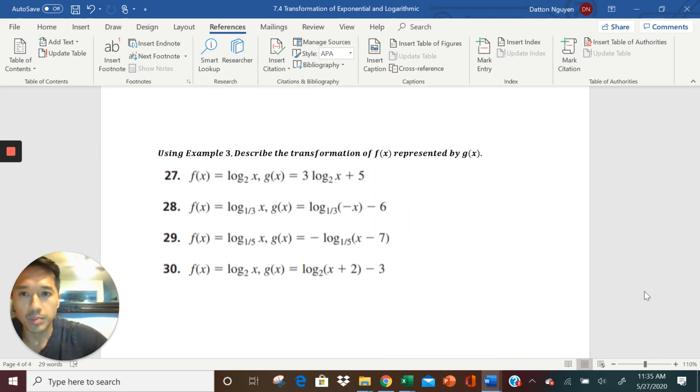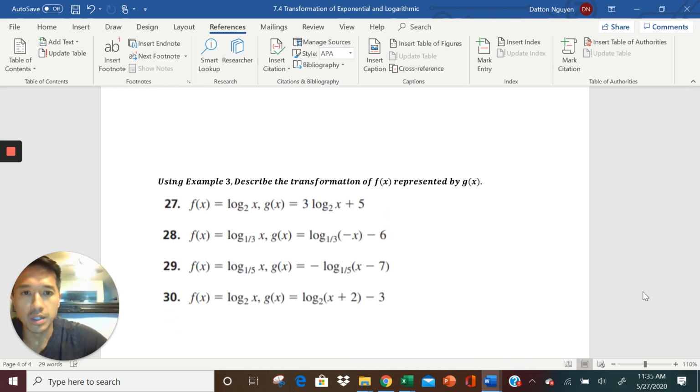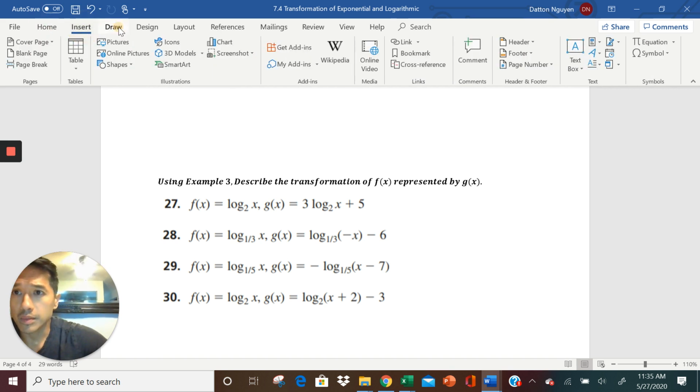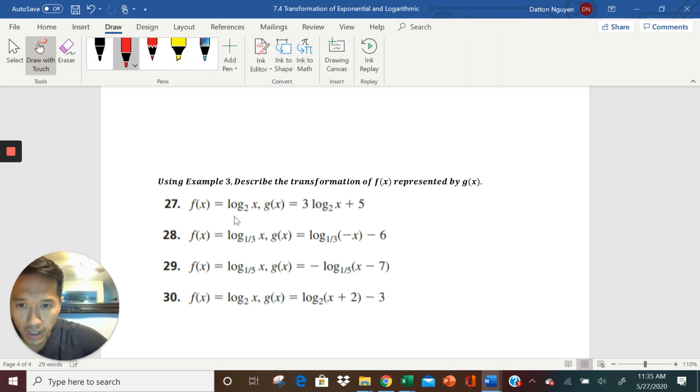All right, so we use example 3, describe the transformations of f of x represented by g of x. This is now using logarithms. Here, as you can see, this is my original function, but now here are my transformations. I have a 3 over here, and I have a plus 5 over here.